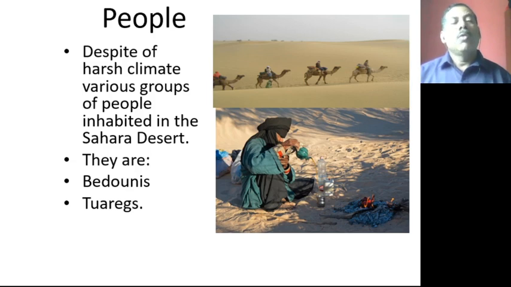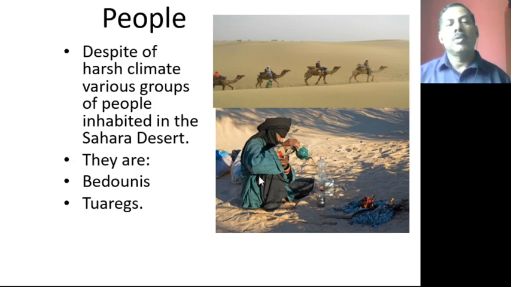Now you can see what type of people are there in Africa. So too much heat is there. People have to live in this type of climatic conditions. The different types of people found in Africa are Bedouins and Tuaregs. So despite the harsh climate, various tribal groups are there.